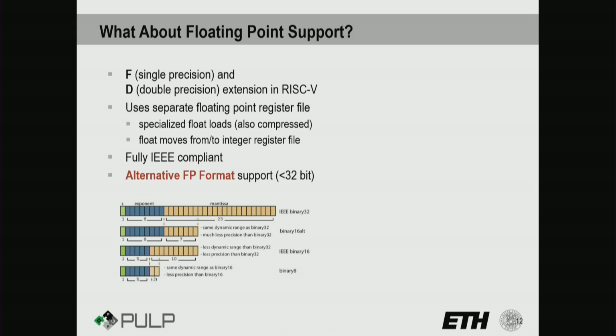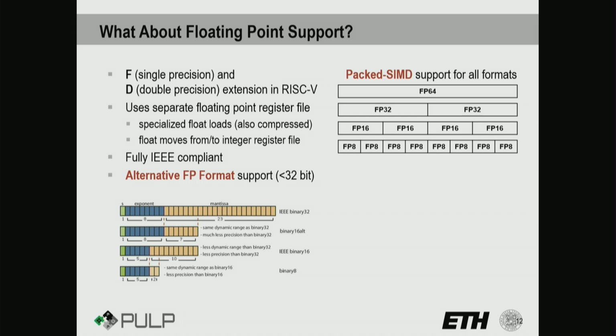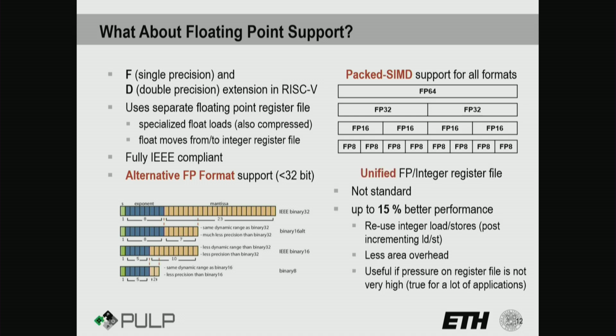So you can go down to completely different floating point formats, for example, the IEEE half precision format, or the bfloat16 of the TPU, or even a custom 8-bit binary format, which coincides to be the same as Microsoft's approach there. This, of course, also opens the avenue for packed SIMD, because you're now using smaller formats. And there are other angles that we explored, like a unified floating point integer register file, which in some cases can save significant performance.